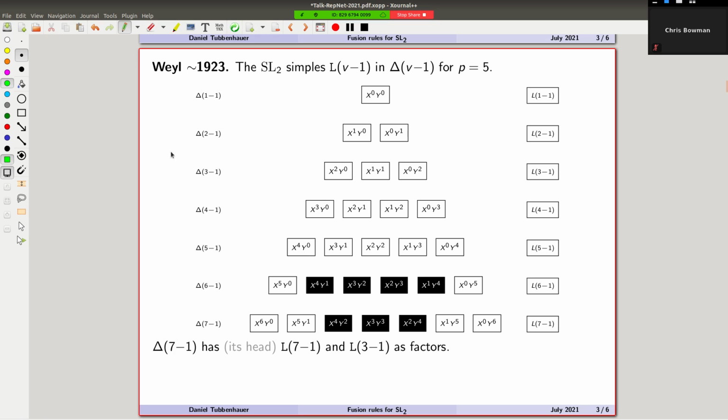So how does it work? Here's what Hermann Weyl did, or what I think he did. Let's say p is 5. What you do is you write down those elements, and you write down this Pascal triangle, and you really think of this as having the corresponding entries in Pascal's triangle. So 0 over 0, you know how it works, right? Sorry, this was wrong. 1 over 0 in the next row, and 1 over 1, and so on.